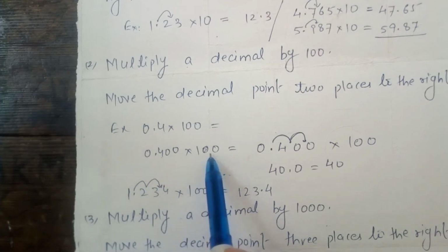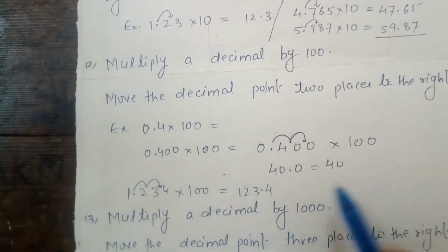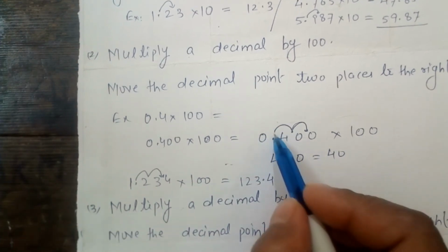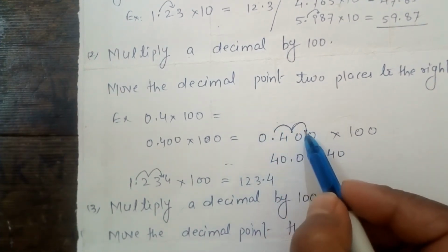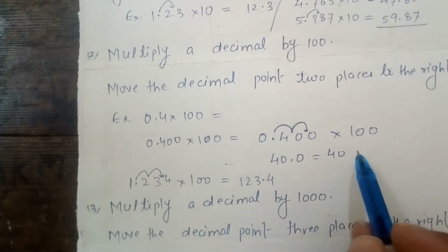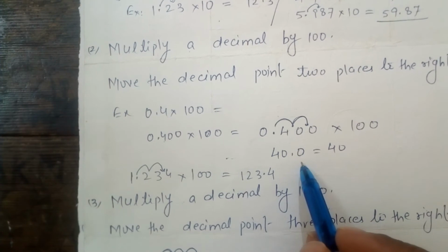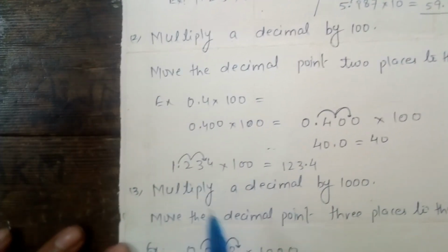After multiplying, the position of the decimal point will change. So your answer will be, this is the decimal point, first place and second place. After multiplying by 100, we will get 40.0. 40.0 means 40. 40 is your required answer.